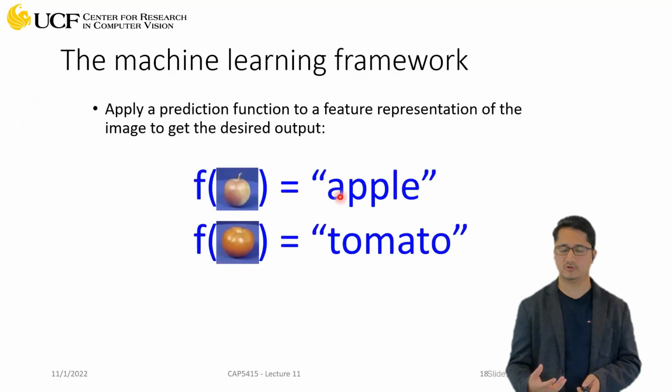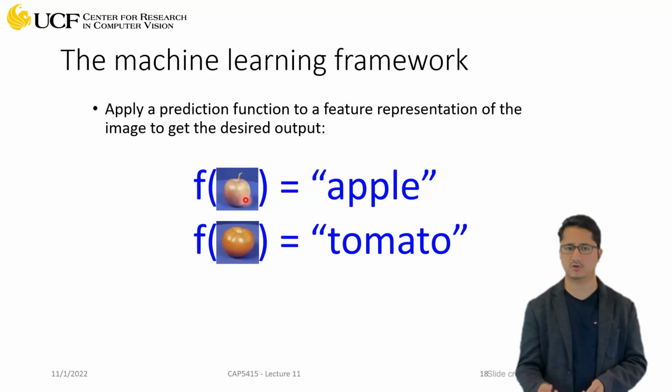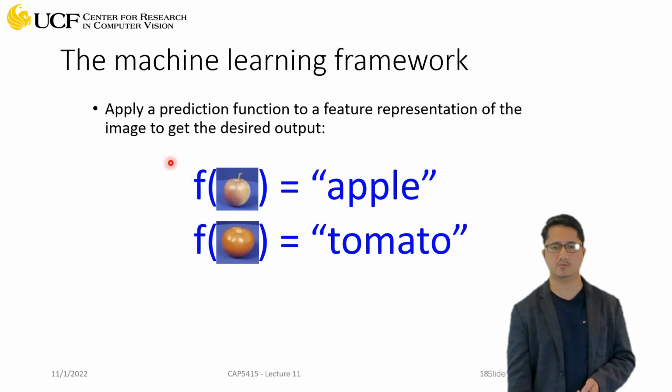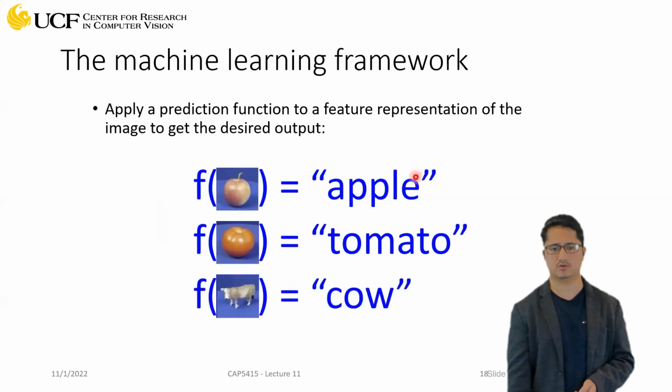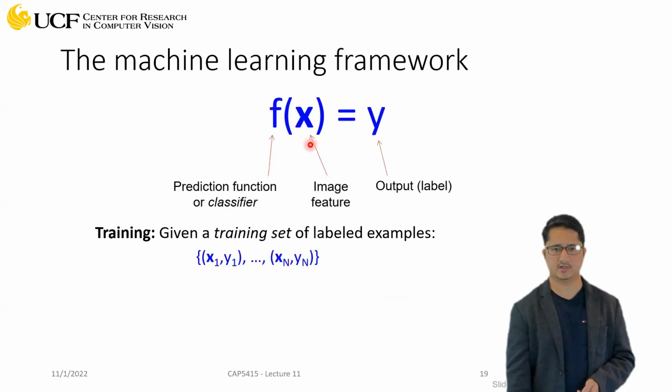Whatever approach you use, the general framework is always a kind of function where the input is an image. Either you pass your image directly to your model, or you extract features and pass those features to your model, and that model makes predictions about your images. Basically you have this function, which you can call a prediction function or a classifier.